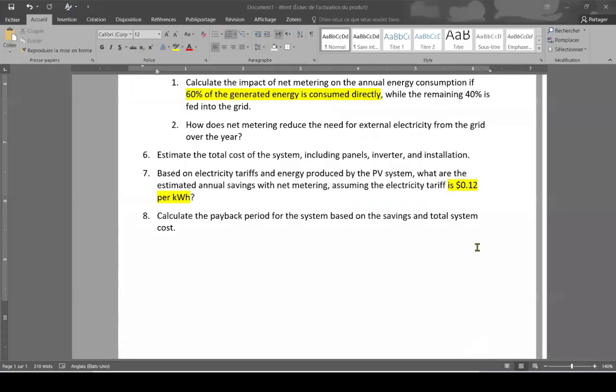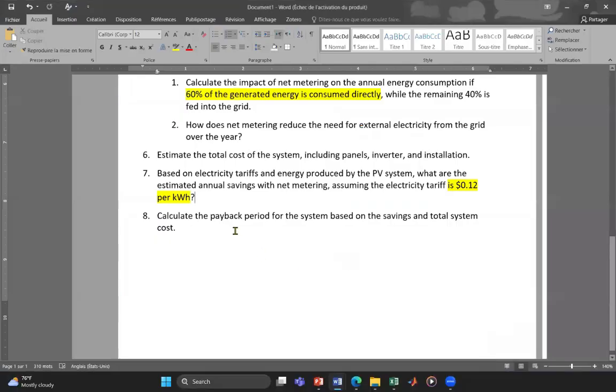The last question is to calculate the payback period for the system based on the savings and total cost. This is the so-called KPI, the performance indicator. The payback period is of course the time that the installation will take for the profit to equal the investment amount, because the investment amount we have already calculated.